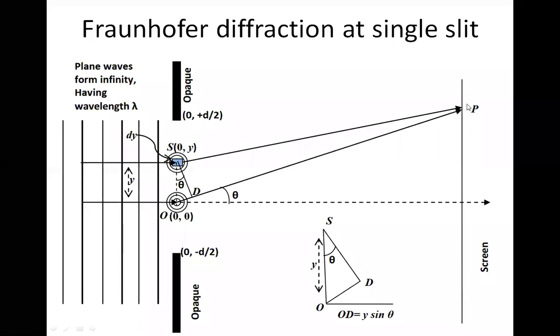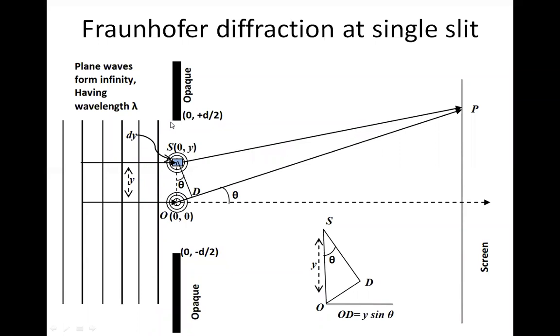I have considered an arbitrary point P that makes an angle theta with respect to the horizontal. I am interested in understanding what is happening at P. Now recall the Huygens principle. According to Huygens, if some wavefront comes and hits a particular position, there it will emanate spherical waves.